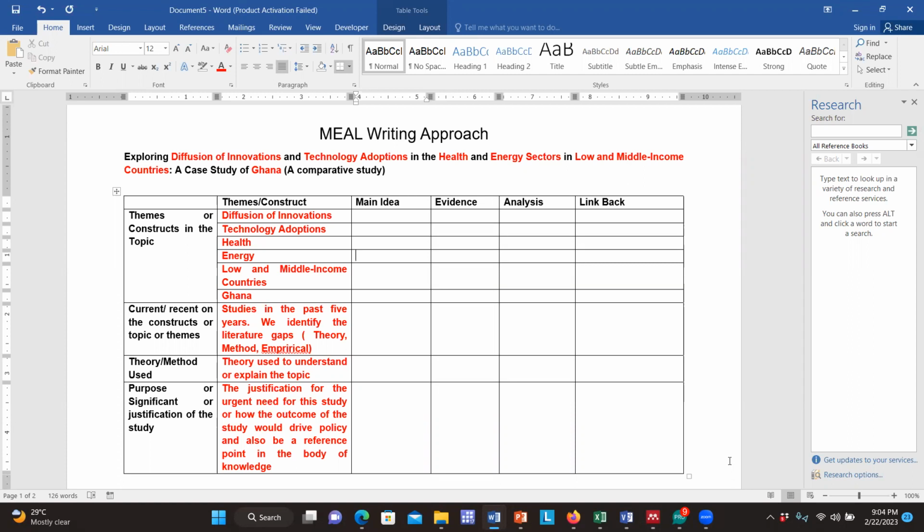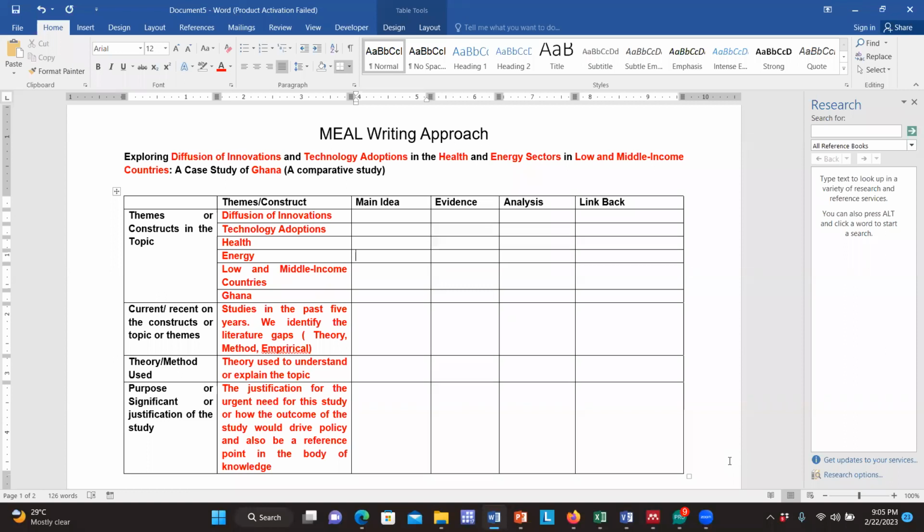But when writing the literature review, you need to make sure that you follow the MEAL strategy. The MEAL might not work in all instances, but especially for your introduction, it should flow. Sometimes it will not follow: just after the main idea, you come to the evidence or the analysis.